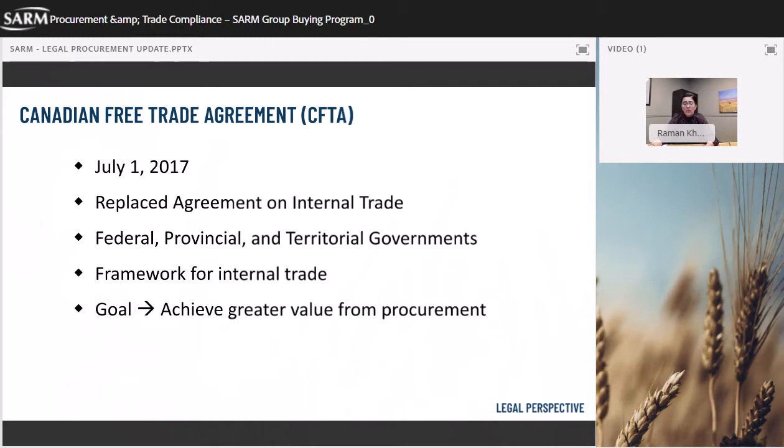It really opened up the sectors that would be exposed to free trade on a national level. So the goal of the federal legislation is to make it easier for businesses, investors, and municipalities to have increased access to Canadian markets and achieve greater value from procurement.